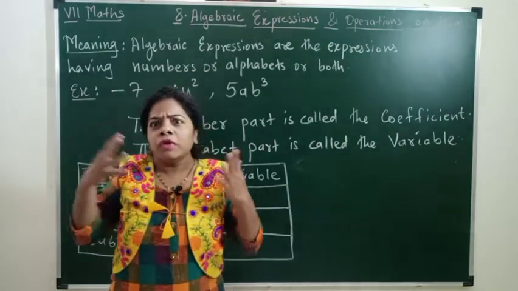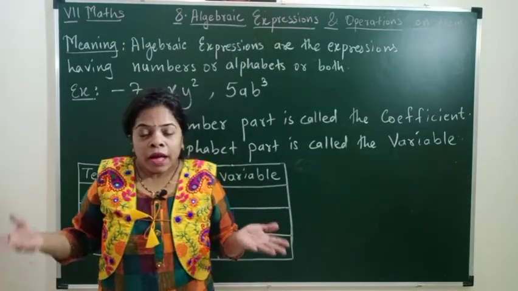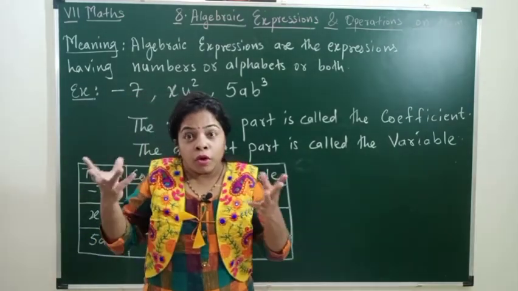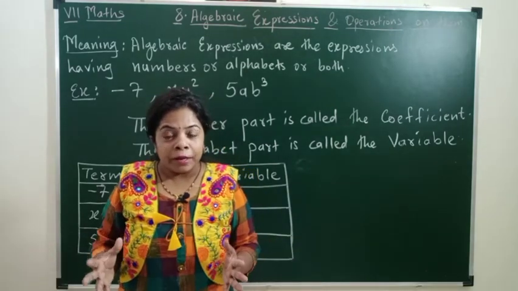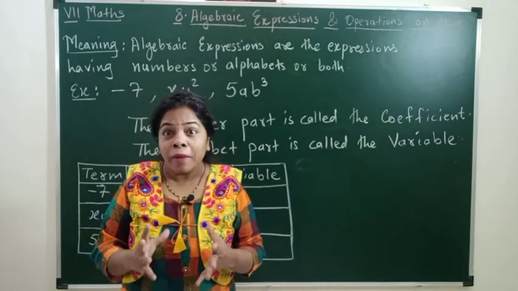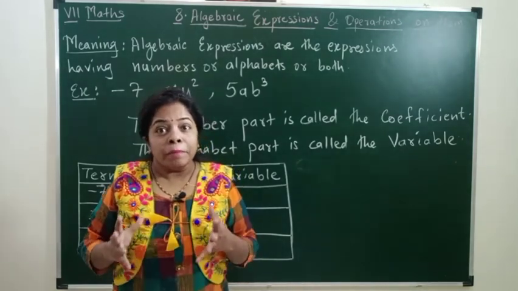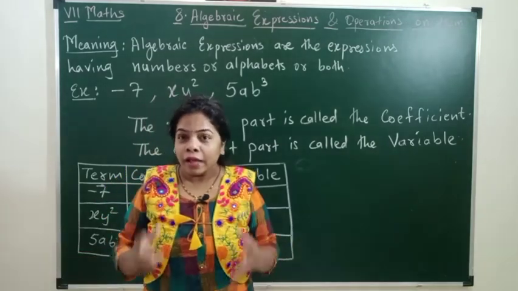I say I want variety in food. When I say there is variety in food, I exactly don't know what all things are there in that. There can be many things. Same way, variable means the alphabet will have some numerical value, but we don't know what is the value of that alphabet.